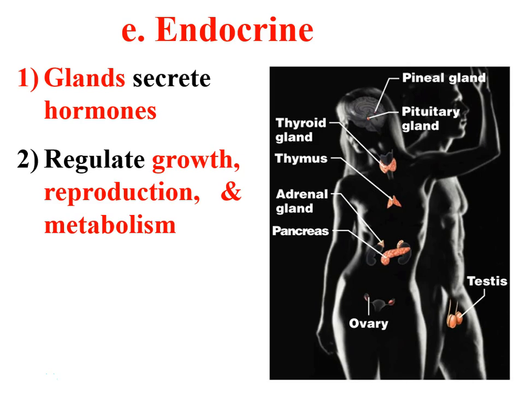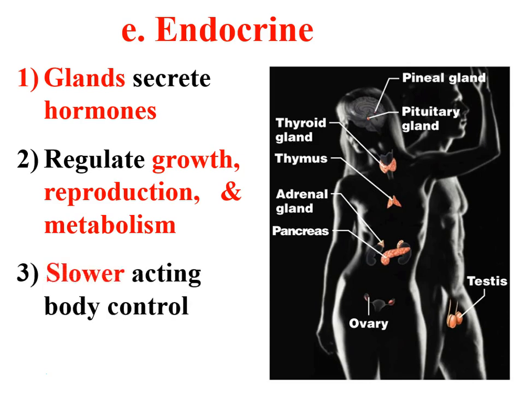And most of the time, hormones travel in the bloodstream. They regulate growth, they regulate reproduction, and control metabolism. These are slower acting than a nerve impulse, so even though the nervous system and the endocrine system both do body control, the nervous system is fast, the endocrine system is slow.